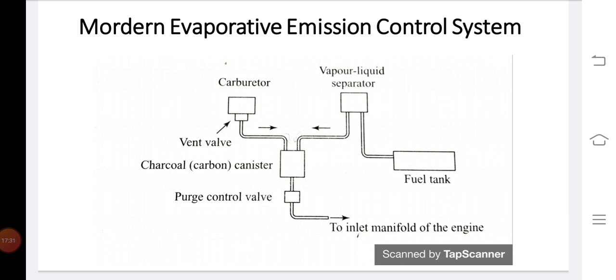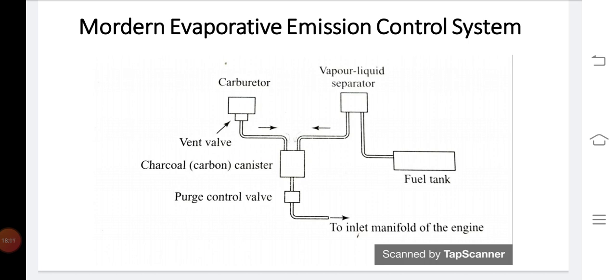This vent valve is connected to the carburetor by a tube, and the fuel vapors from the float chamber flow through the vent hole and the tube to the canister. This canister absorbs the fuel vapors and these vapors are stored inside the canister. Adsorption refers to the process of trapping the gasoline vapors by the activated charcoal particles filled inside the canisters.